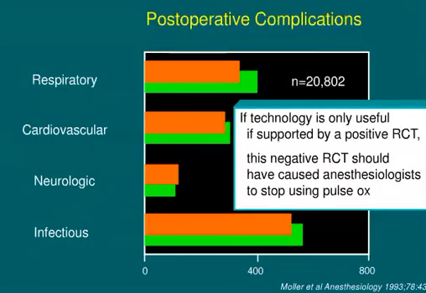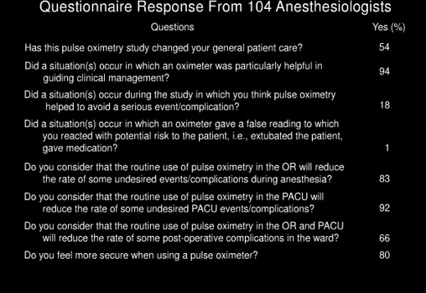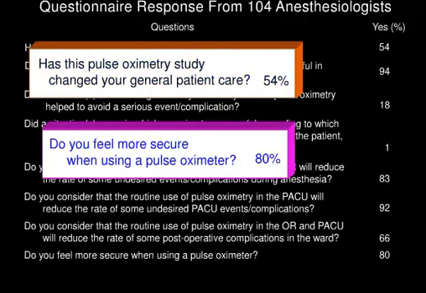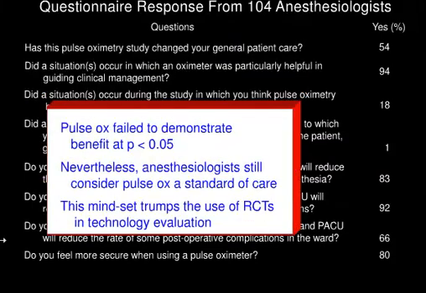So if technology is only useful if it's supported by a positive outcome, then this negative trial should have caused anesthesiologists to stop using the pulse ox. But in fact, when they interviewed the anesthesiologists right after the study came out, less than half said this has changed the practice, and 80% of them still felt more secure using the pulse ox.